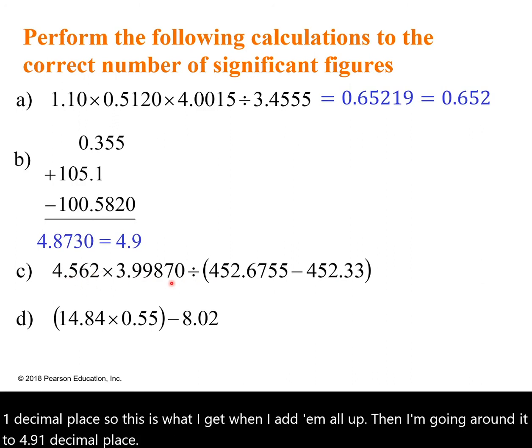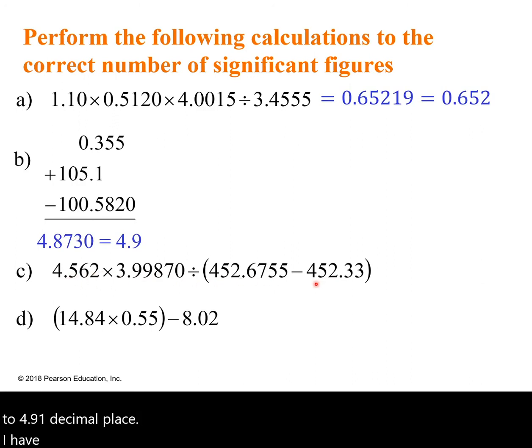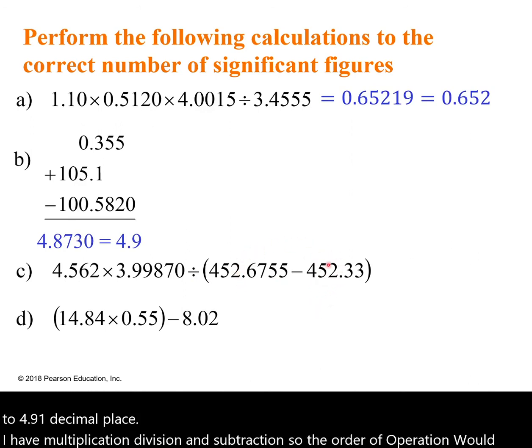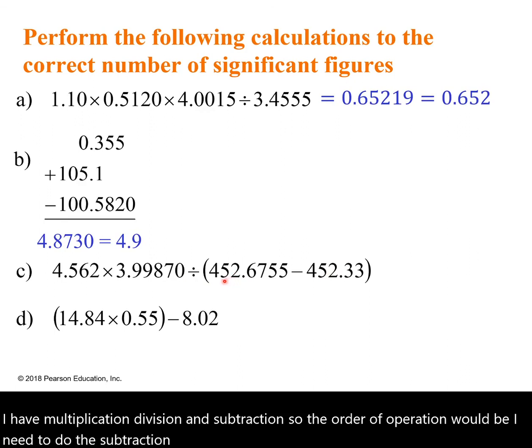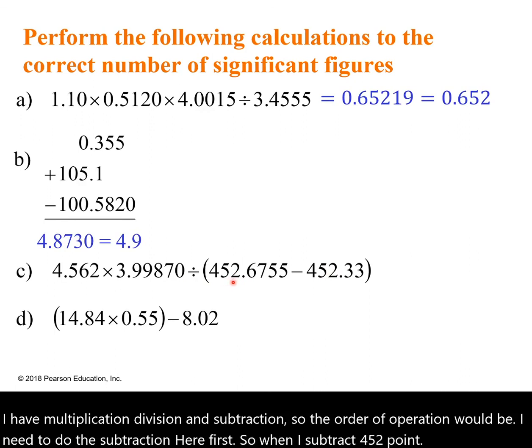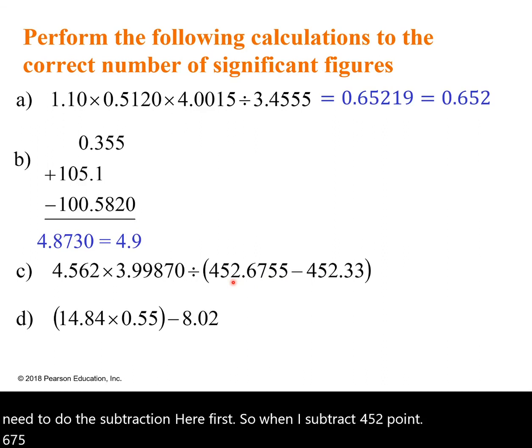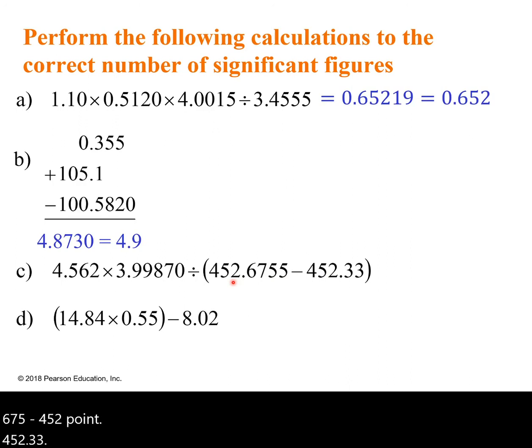I have multiplication, division, and subtraction. So the order of operation would be I need to do the subtraction here first. So when I subtract 452.675 minus 452.33, I'm going to get 0.345.